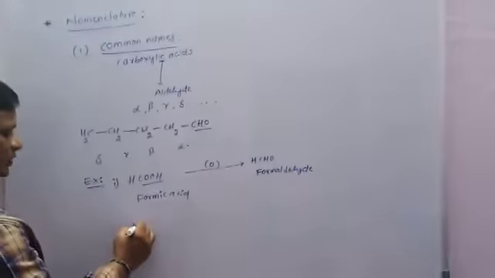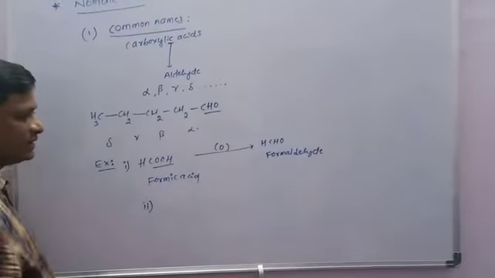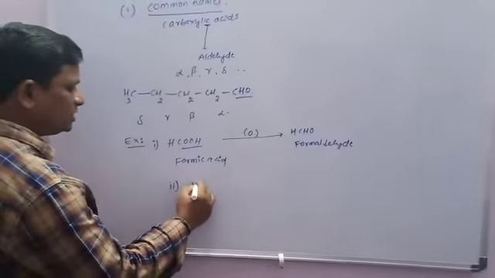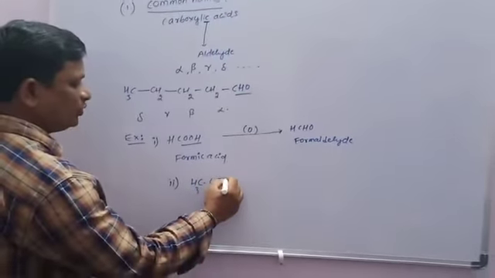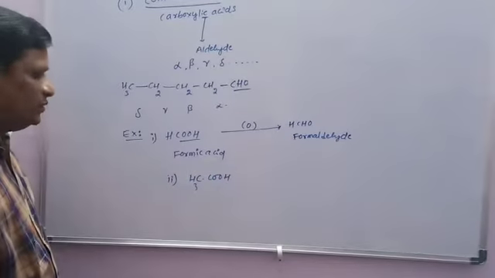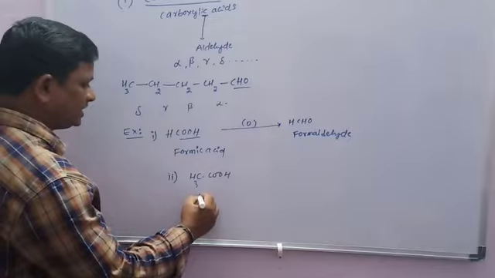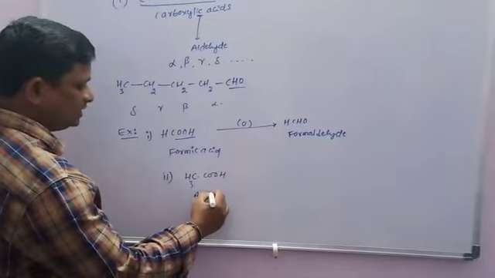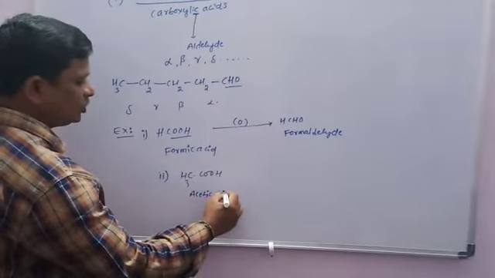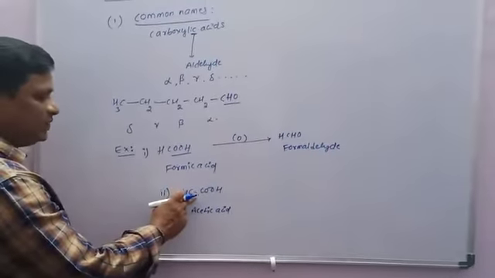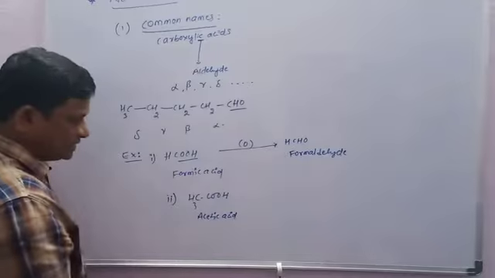Now the second example. Let us consider CH3COOH. The name of this carboxylic acid is acetic acid, which is the common name, but its IUPAC name is ethanoic acid.